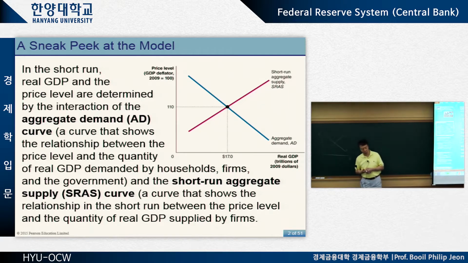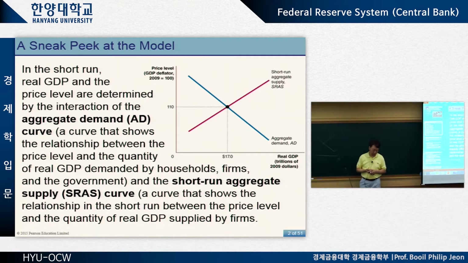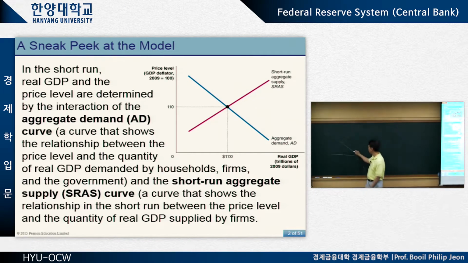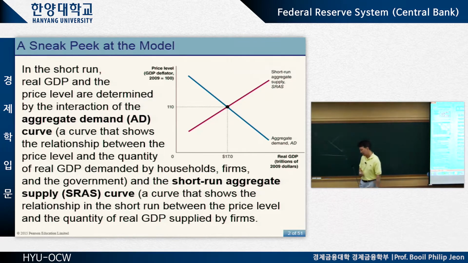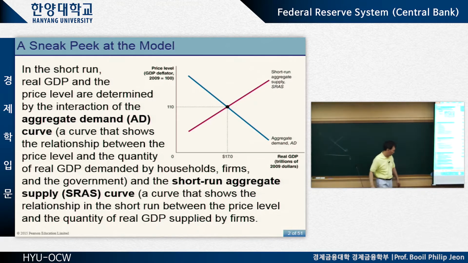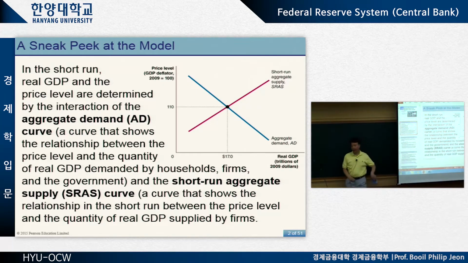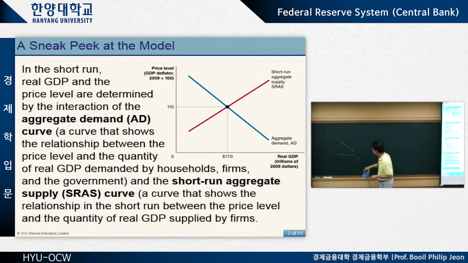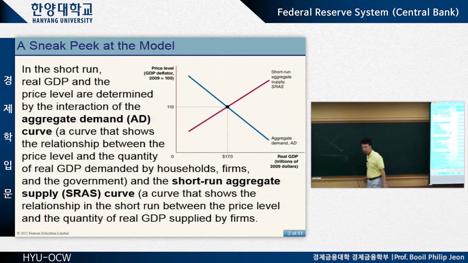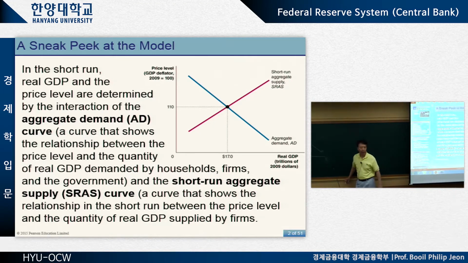Here in macroeconomics, we're talking about the aggregate demand or overall demand. And so instead of quantity, we're going to use Y, okay? Y stands for output, GDP, income.